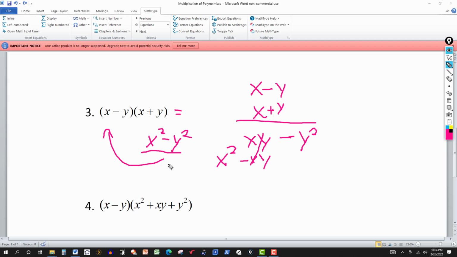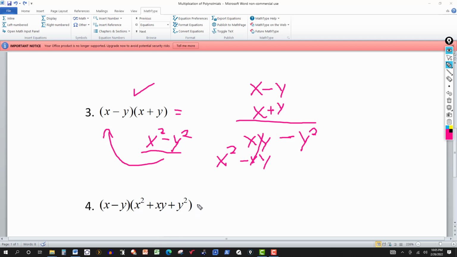Just if I give you, say, 6, and said express 6 as a product of two numbers. 2 times 3 would be 6. Or you could say 6 times 1 is 6. So you have the same sort of thing in algebra. You get something like x squared minus y squared, a difference of 2 squares. So keep that in mind, difference of 2 squares. What does this factor into? What two binomials multiply to give you x squared minus y squared? Well, right here. X minus y, x plus y.